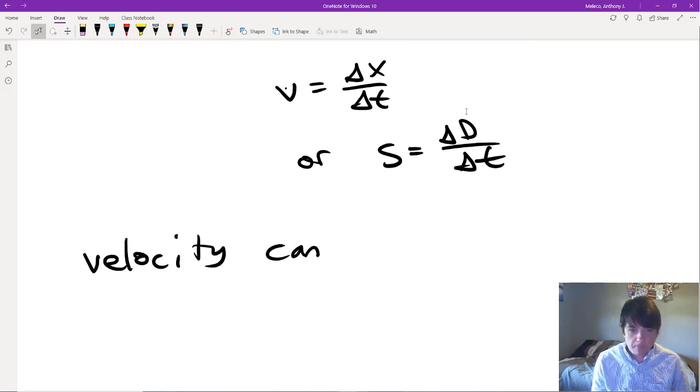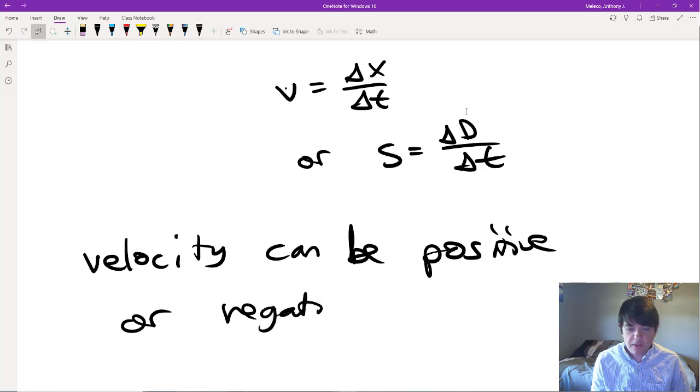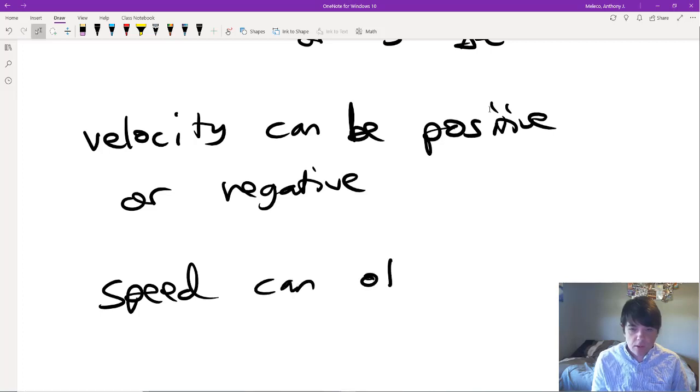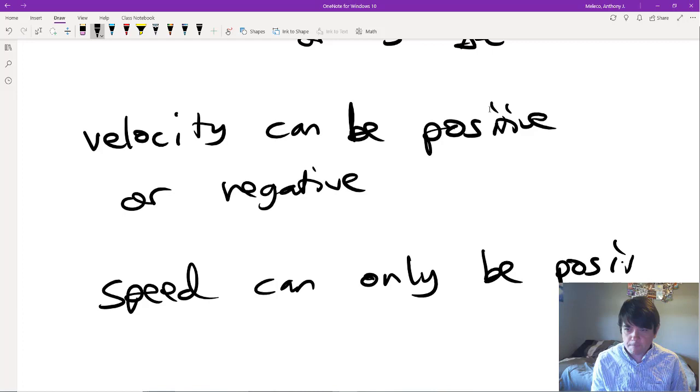So because of how we define this, velocity can be positive or negative. Speed can only be positive. Okay?